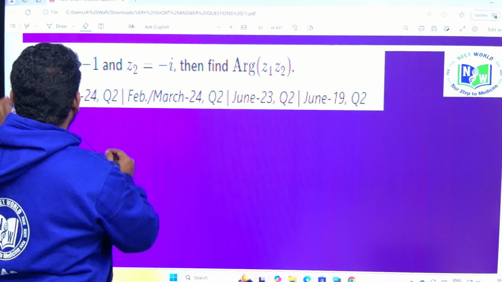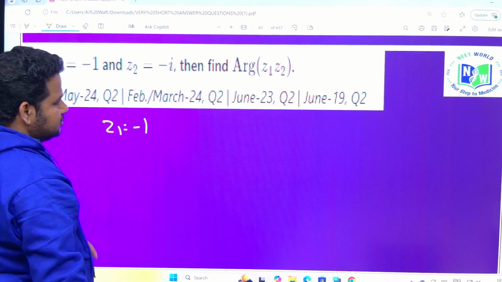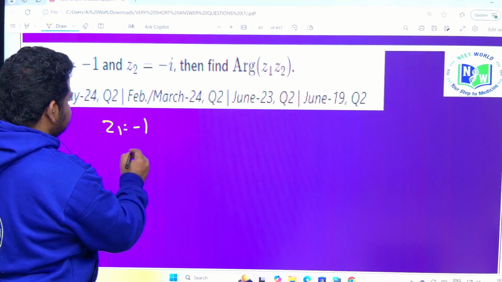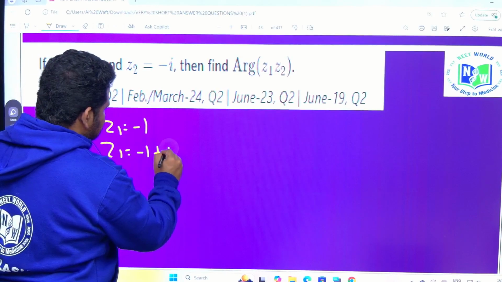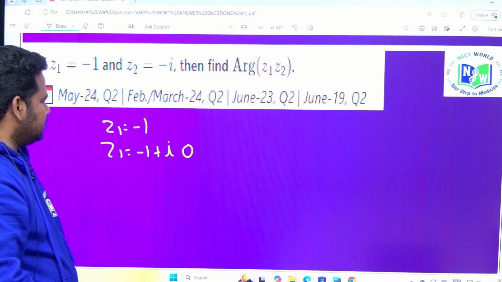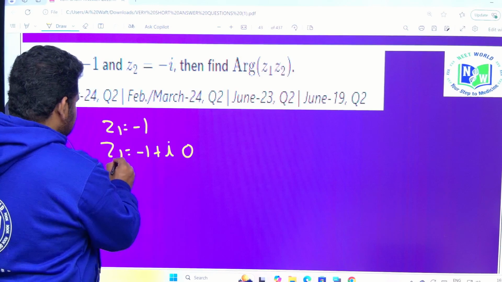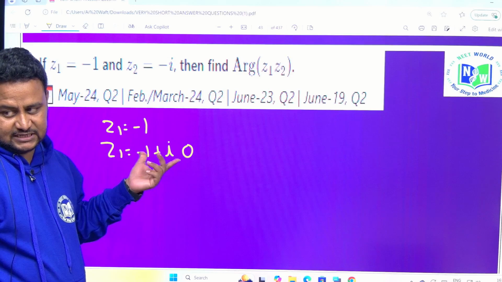So, here what have they given? Here z1 is given as minus 1. So, what can I do? z1 I can write as minus 1 plus i into 0. Okay. So, here I can write it as r into cos theta plus i sin theta, in that form I have to write.